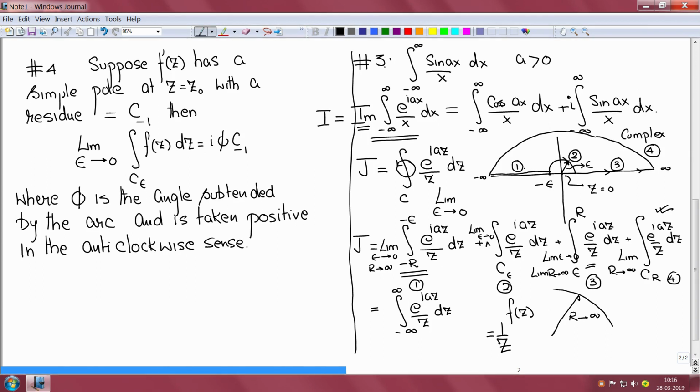So 1 over z goes to 0 as R goes to infinity, because I will write z as R e to the power of i theta. And so now my integral of f of z, which is 1 over z, e to the power of i a z dz equals 0 as limit R tends to infinity. This is Jordan lemma where a is positive. So fourth portion follows Jordan lemma and it goes to 0.